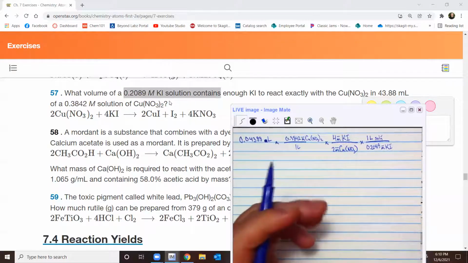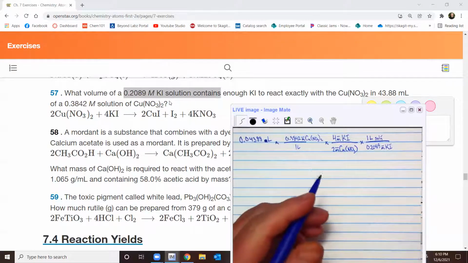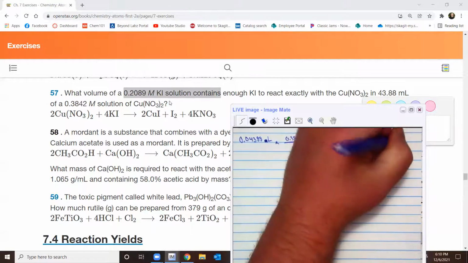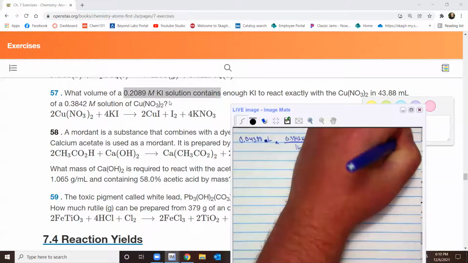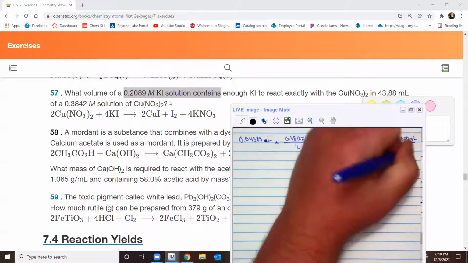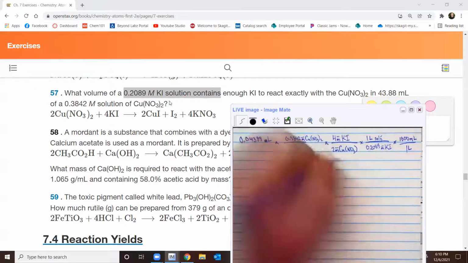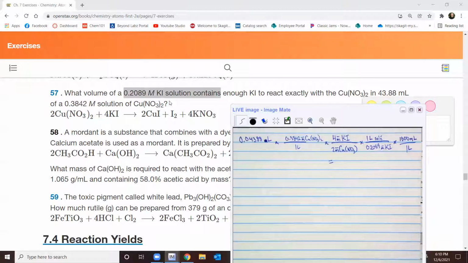And then finally, since the initial volume of the copper solution was in milliliters, let's go ahead and convert these liters of solution into milliliters instead, even though the problem didn't ask us about it. All right. If I gave you this problem and you told me how many liters of the potassium iodide solution, 10 points all day. But I'm thinking that it's probably going to be a number of milliliters that's a little bit nicer and tidier an answer.